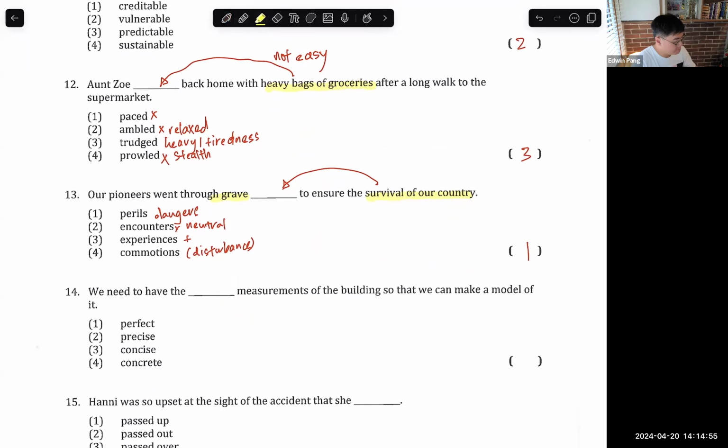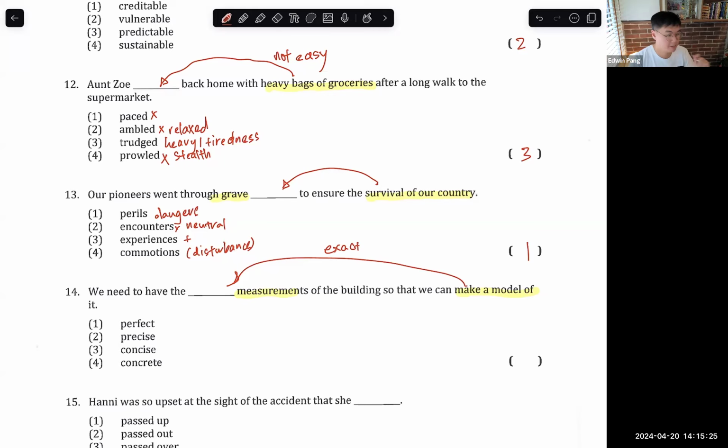We need to have what measurement in order to make a model of the building. So a model, right, always means that it is exact, okay? In other words, it's translatable if you multiply those dimensions. So a model simply means you shrink down the dimensions of something until it becomes a scale that you are able to handle, but you are able to multiply that scale outwards to construct something exactly the same as its model, okay?